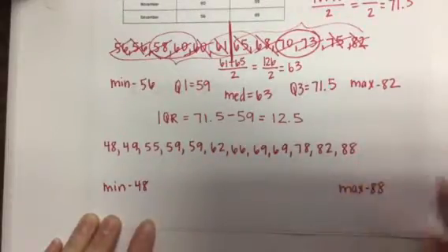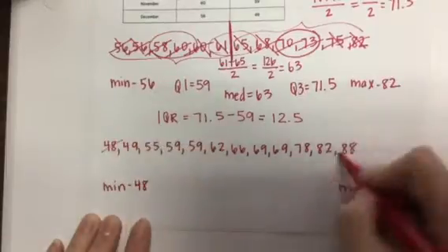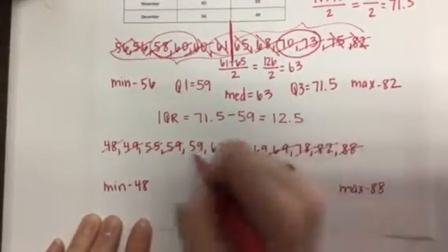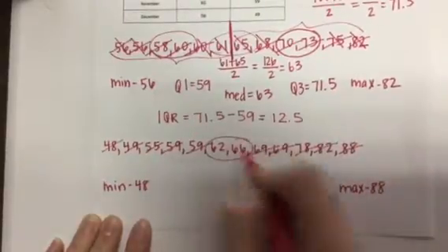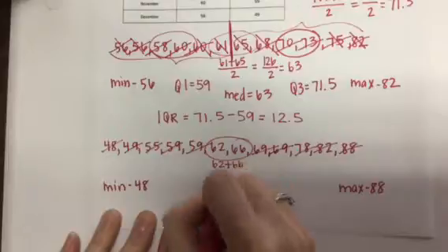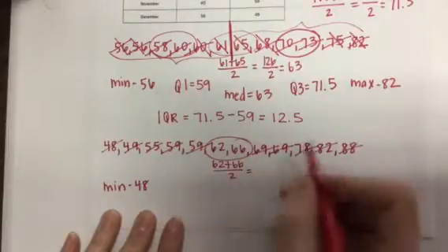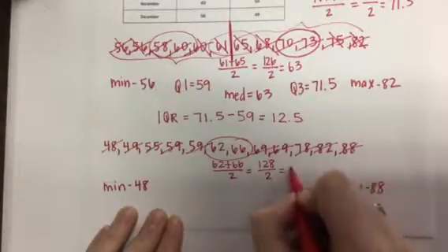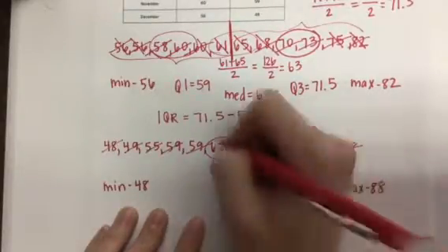My maximum is 88. And then I'm going to cross off one low one and one high one until I reach these 2 numbers right here in the middle. And I'm going to average them together. So that gives me 128 divided by 2. Gives me 64.